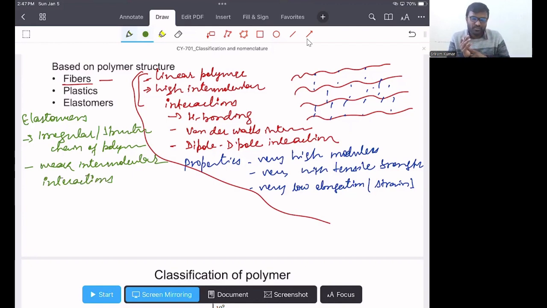So in elastomers, there are irregular orientations of the polymer chains and weak intermolecular interactions.